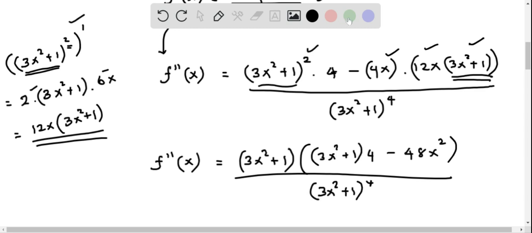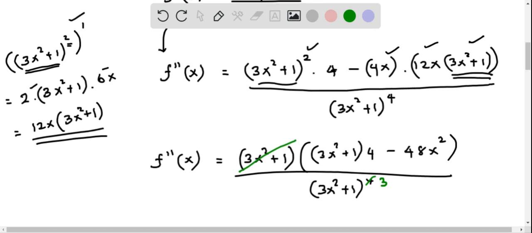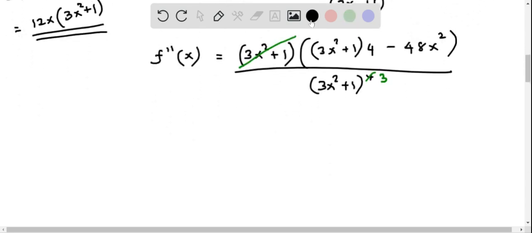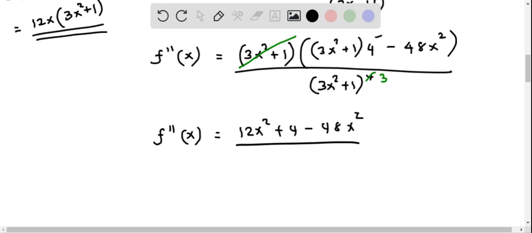Now we can simplify these two factors, that is, we can cancel with these powers. This will reduce to 3. Let's simplify this. So we have f double prime of x, and this equals, let's distribute this 4. This will become 12x squared plus 4 minus 48x squared divided by 3x squared plus 1 quantity cube.